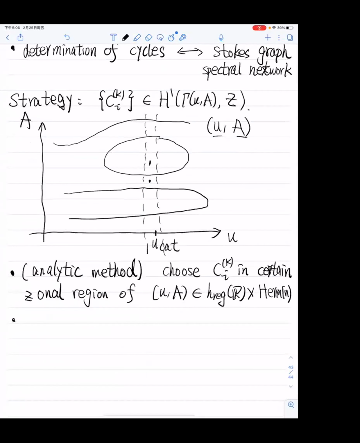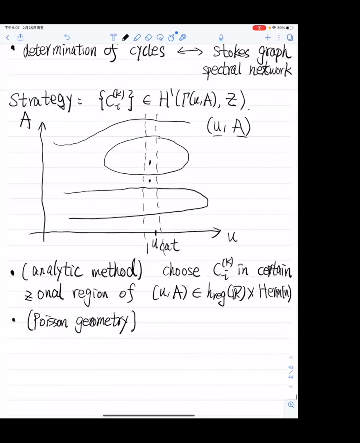And on the other side, we try to use some Poisson geometry method. Actually, the first analytic method is also sort of Poisson geometric, I'm gonna comment later. The Poisson geometric method is to find some guiding principle.